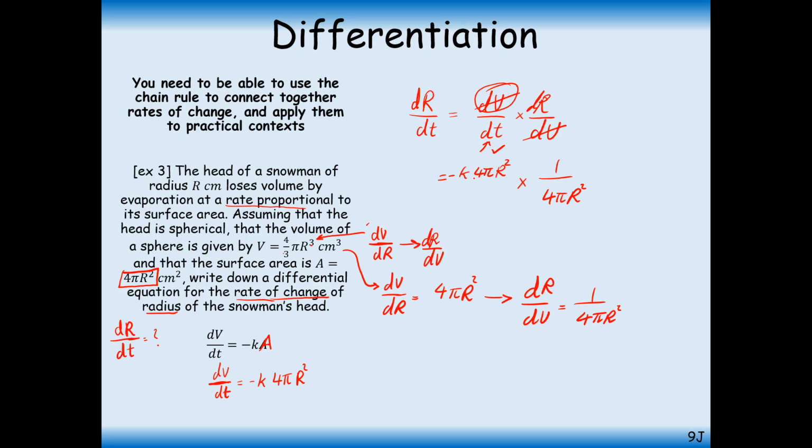And as it turns out, these two expressions are exactly the same, so we are left with a negative k, and that's the answer that we can give for the time being, because we haven't been told what the value of k is, right?